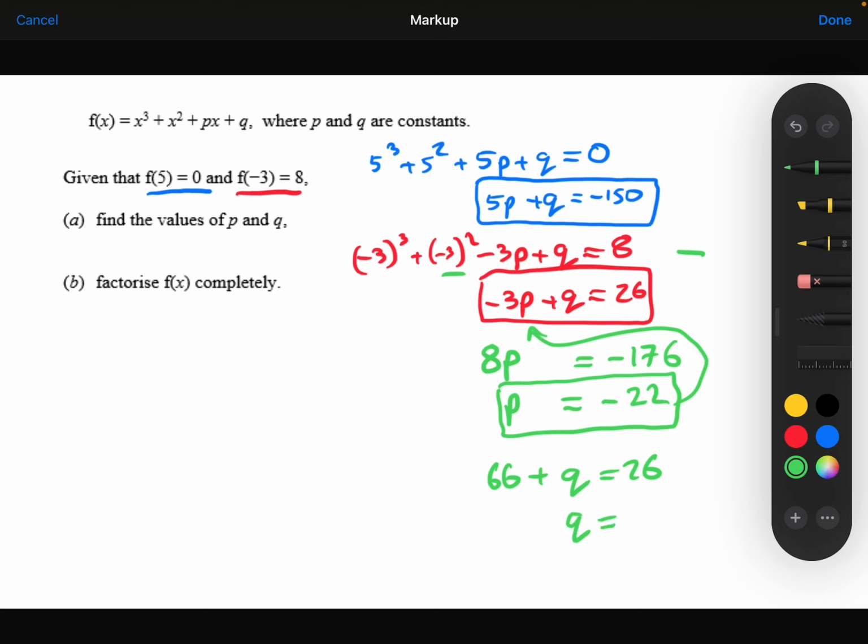So q is 26 minus 66, which is minus 40. So we've worked out what p and q are. So I can go back to the original equation now and swap the p for minus 22 and the q for minus 40.